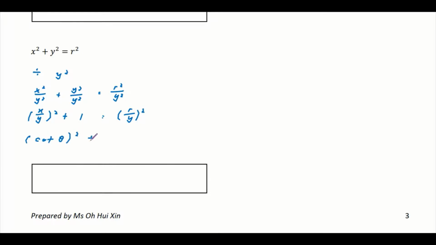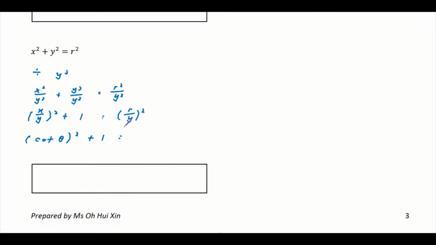Okay, so same thing, look at the last one. Now we are going to divide everything by y squared. So x squared divided by y squared plus y squared divided by y squared equals to r squared divided by y squared. So you have (x over y) squared plus 1 equals to (r over y) squared. So x over y is the reciprocal of y over x, right? So it's going to be cotangent squared plus 1 equals to (r over y) squared.